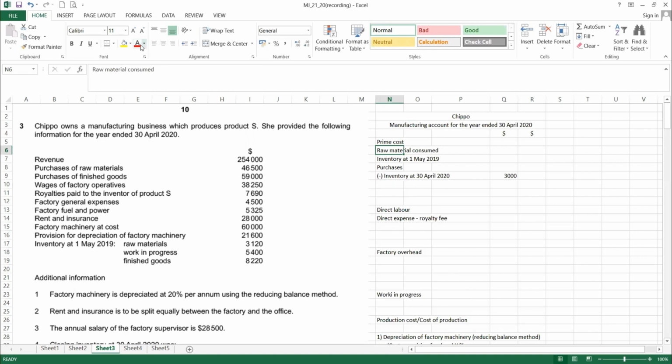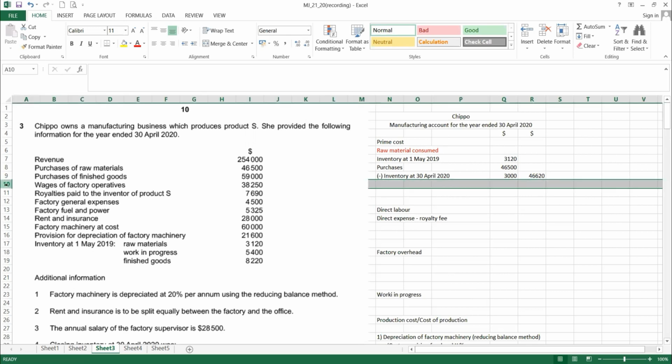So this is one of the items you need to calculate. So inventory beginning 3,120. Purchases of the raw material 46,500. So we take opening plus purchases minus closing, we get the raw material consumed. So this is number 1.